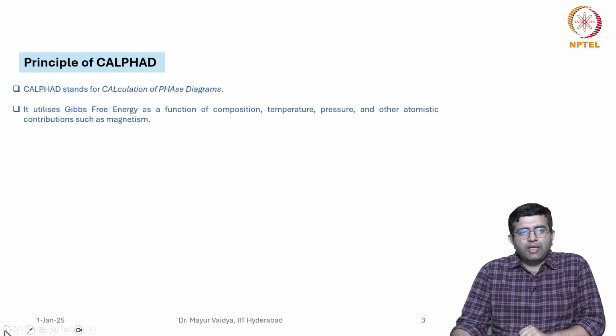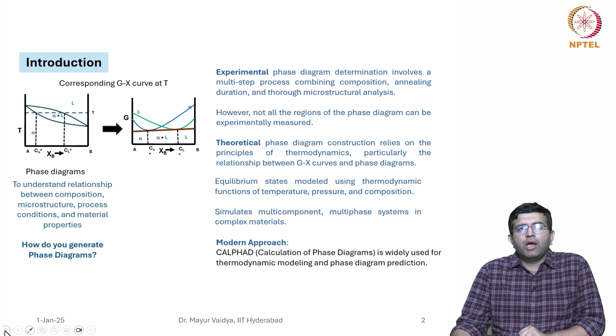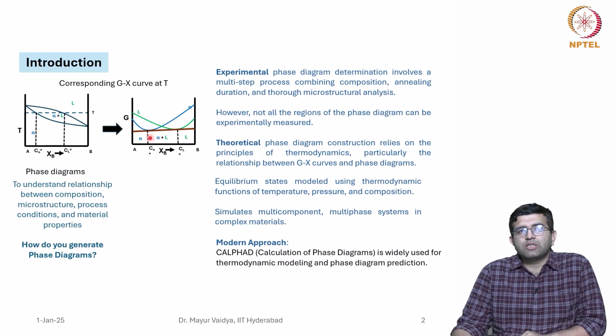See, one thing that should be intuitively clear to you, when we talked about the free energy versus composition diagram and its correspondence with the phase diagram, is that we always say the phase which has the minimum Gibbs free energy is the stable phase.